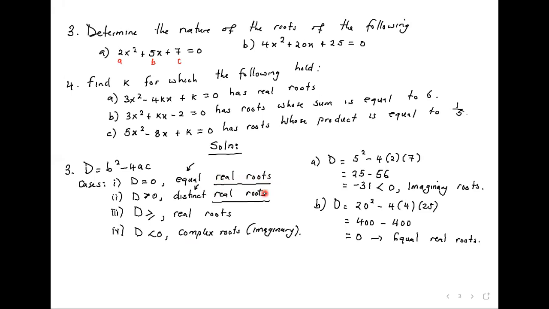The only thing we know is that they are real. They can be real equal or real distinct. So we use case number 3. D is greater or equal to 0, where there will be real roots. And that's the reason for talking about it. I hope you see the need now.